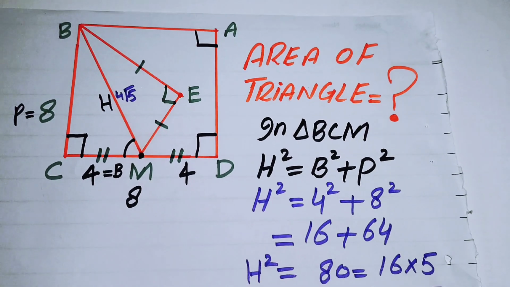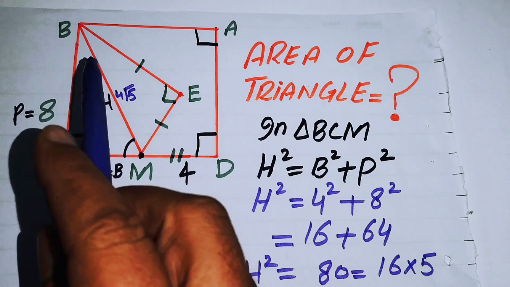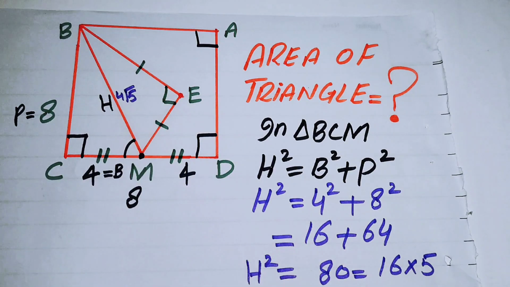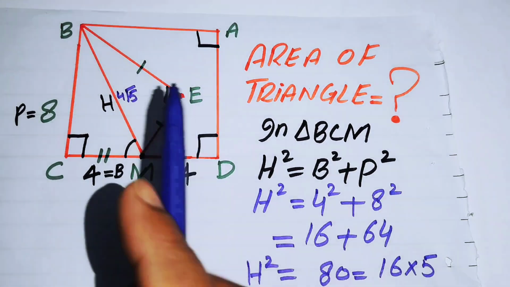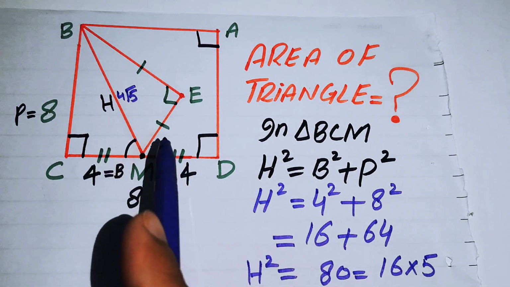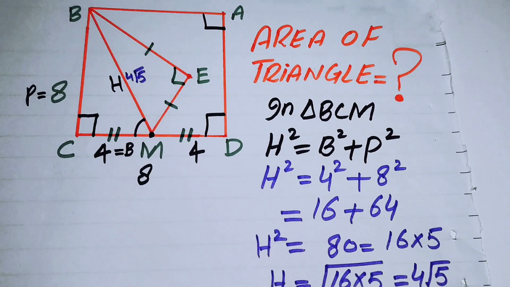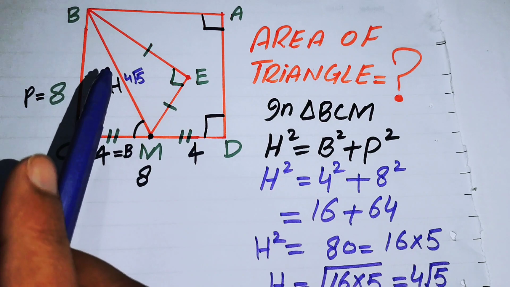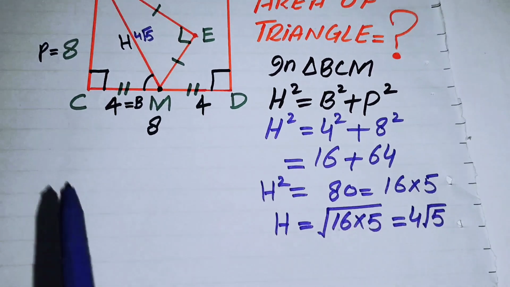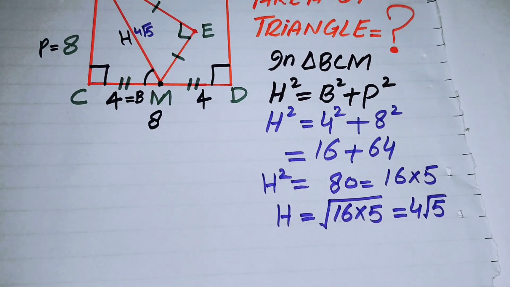And now in the next step, you focus on this right triangle BEM, and we know that this right triangle is an isosceles triangle, so the lengths of two sides are equal. So now we again use the Pythagorean theorem in right triangle BEM.